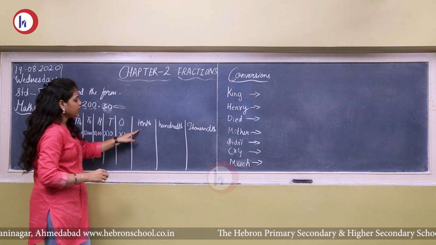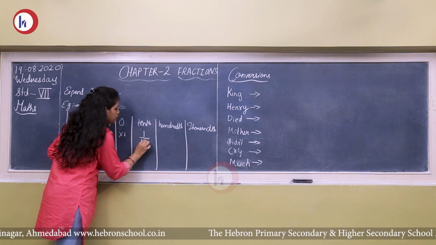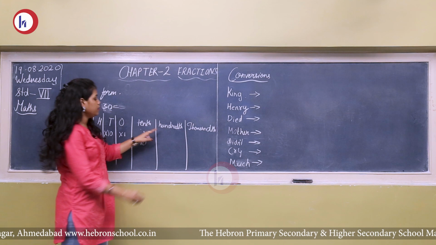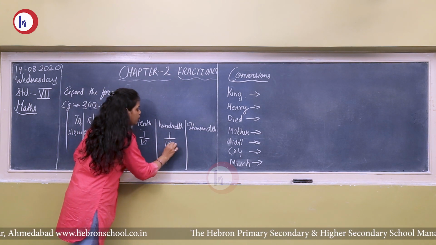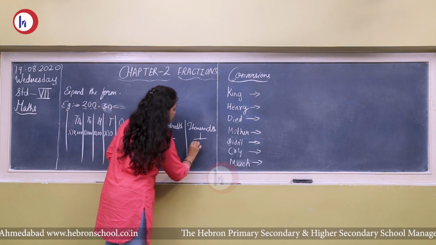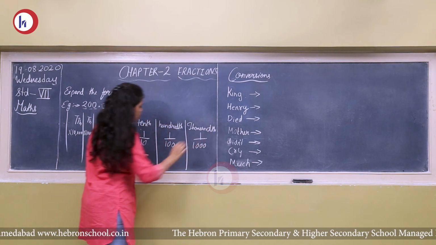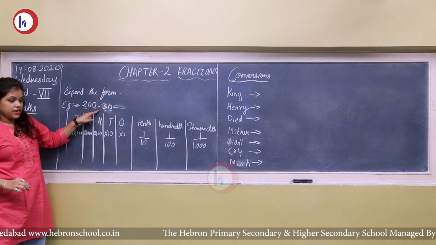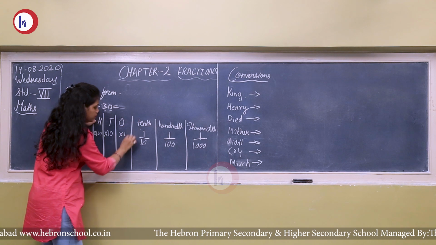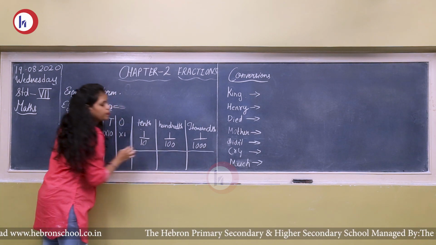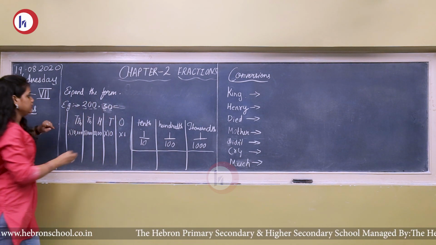But for the 10th place, what we do is divide by 10. For 100 you divide by 100, and for 1000 you divide by 1000 and so on. So after the decimal, this is how the value goes. Let's see.